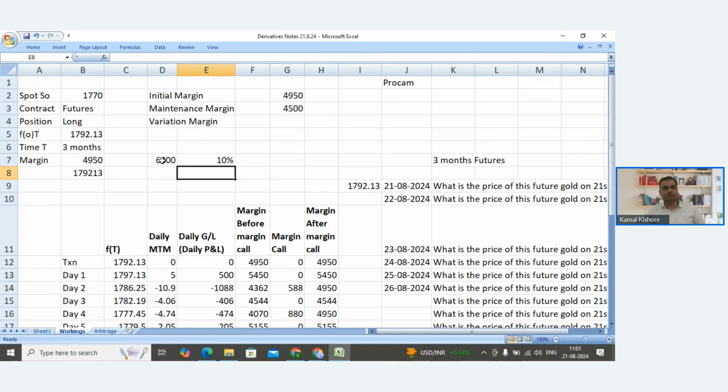What is my cost for 3 months? How much is the interest cost?